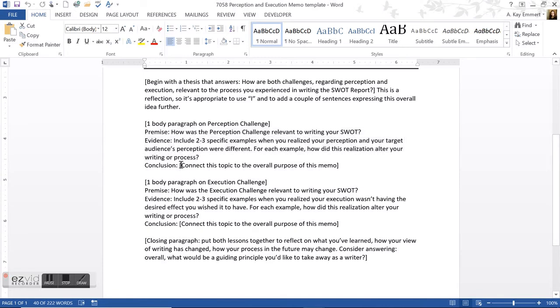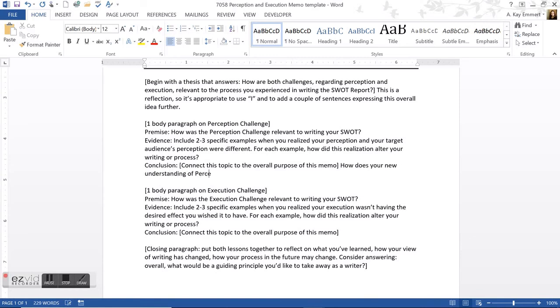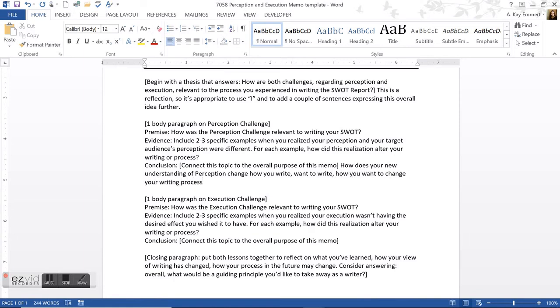So if you're connecting this topic, perception, to the overall purpose, you're basically answering the question, how does your new understanding of perception change how you write, want to write, how you want to change your writing process, any of those versions.